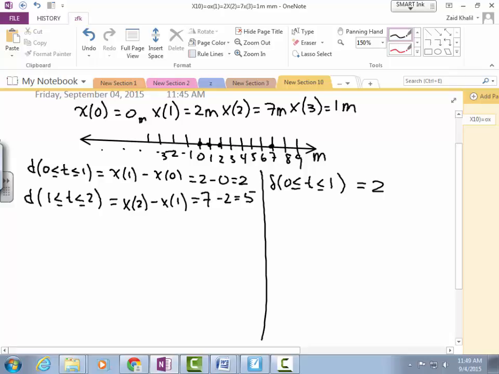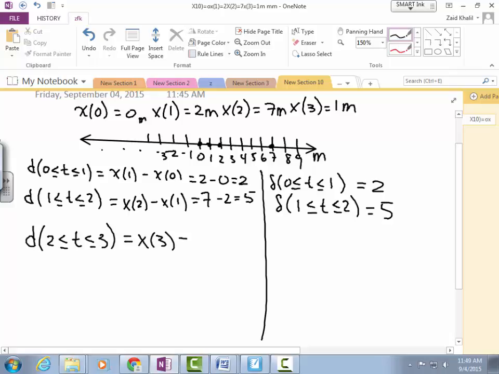The distance it travels in that time period is how much? 5. And then you have the displacement from t equals 2 to t equals 3, which is x3 minus x2, which is 1 minus 7, which is negative 6.